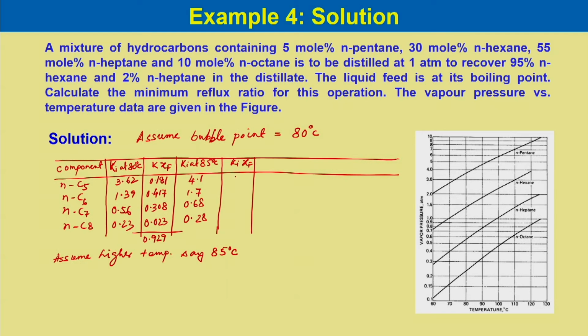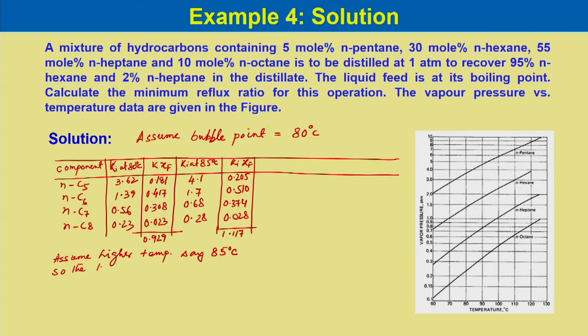Now, if we multiply with xf, it would be 0.205, this would be 0.510, this would be 0.374 and this would be 0.028. So, the sum of all these Ki xf would be 1.117, which is greater than 1.